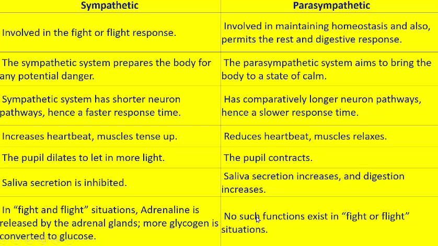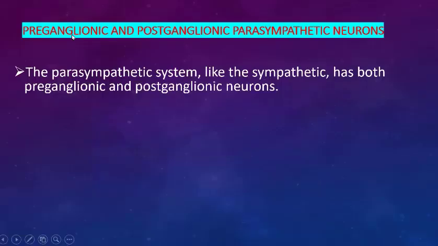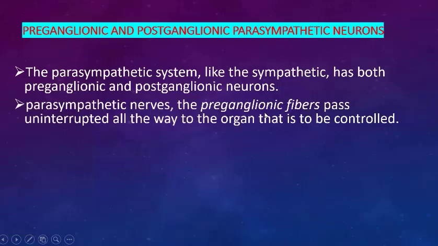Parasympathetic preganglionic and postganglionic neurons. The parasympathetic system, like the sympathetic, has preganglionic and postganglionic neurons. In the parasympathetic nerve, the preganglionic fiber passes uninterrupted all the way to the organ that is to be controlled.